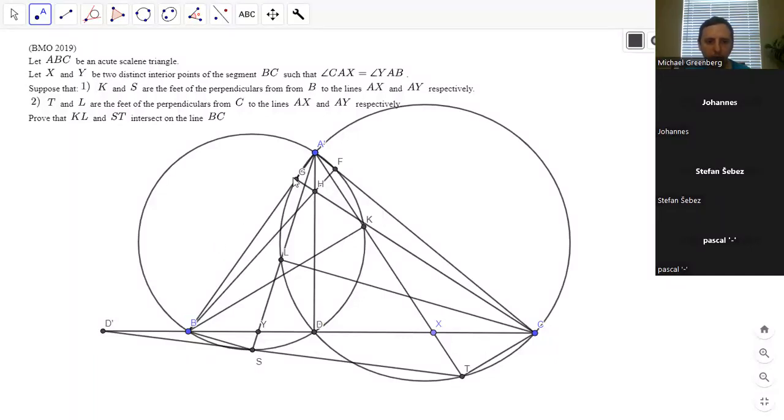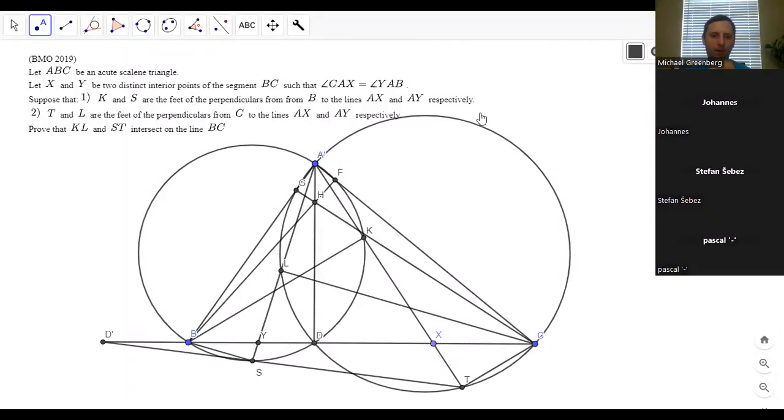Oh wait, that shows a different concurrency. Never mind. In my picture, S and Y are really close together. Okay. But Johannes, you're right. You can solve the problem if you prove that SLKT is cyclic.